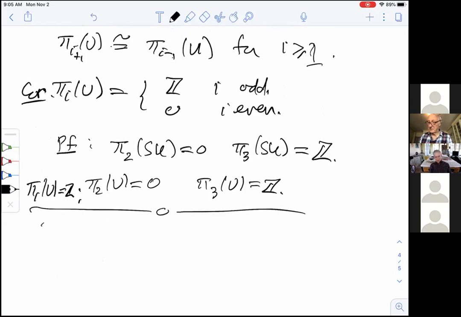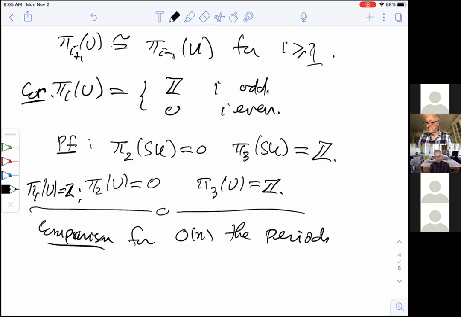Just by way of comparison, for the orthogonal group, the periodicity is a little more complicated.